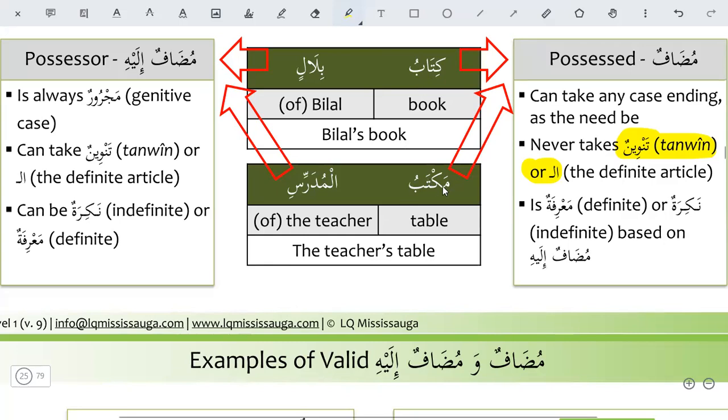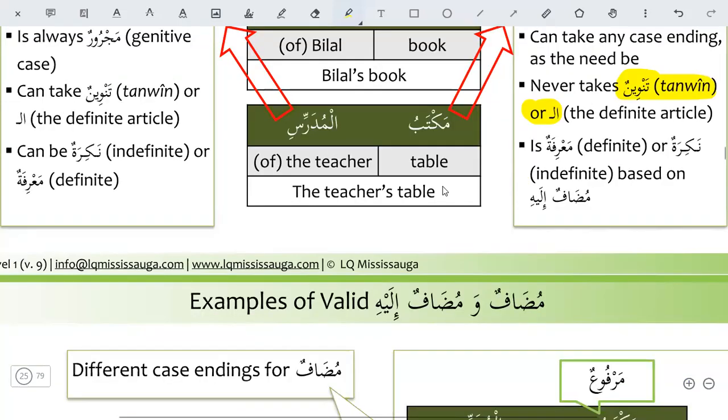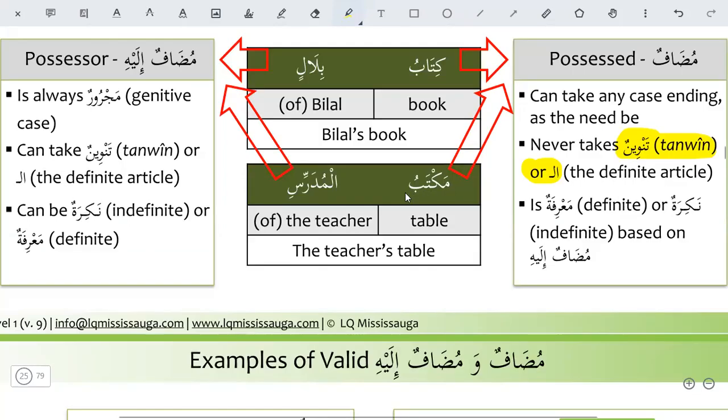The examples will come, you will learn. Maktabul mudarrisi, table of the teacher or the teacher's table. Maktabu, taking single dhamma, al mudarrisi.